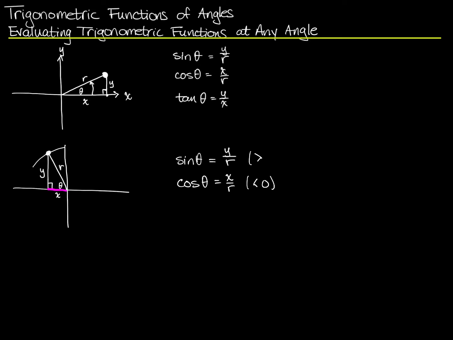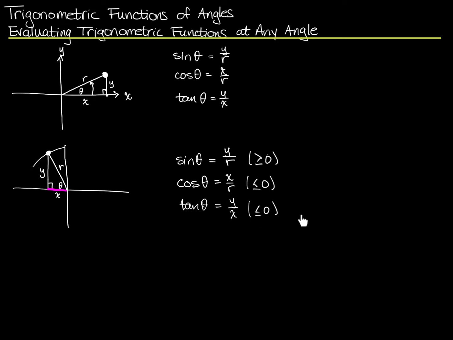Sine is y over r, and it will be greater than or equal to 0. And tangent is opposite, which is positive, over adjacent, which is negative. Tangent is y over x, but it's positive divided by negative, so that will also be less than or equal to 0. So in quadrant 2, the sine of an angle is positive. The cosine and the tangent are negative.